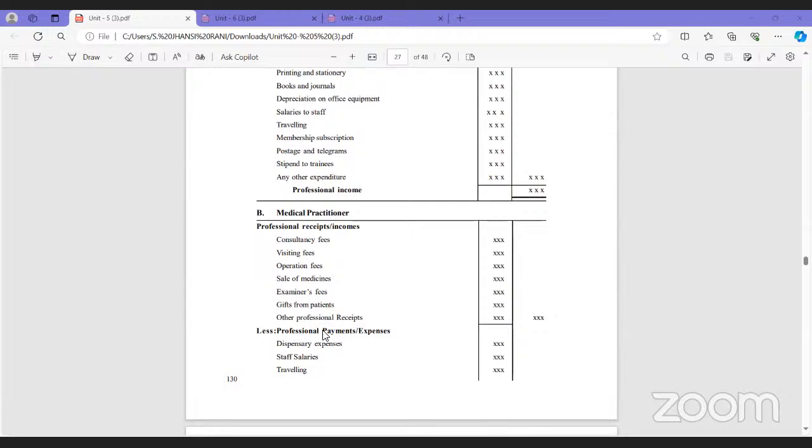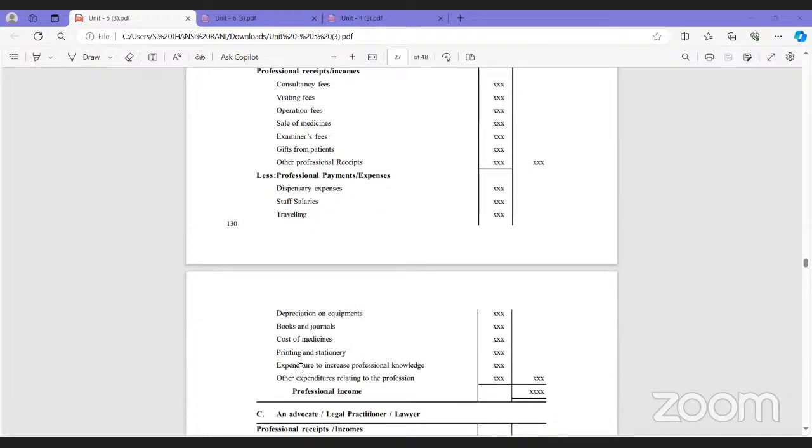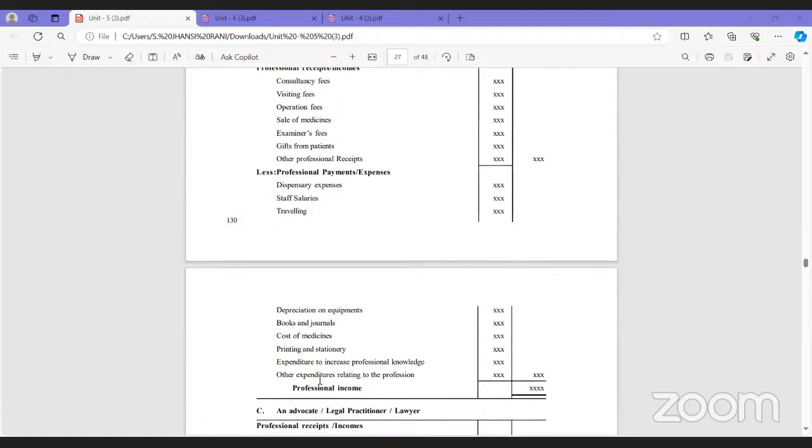Means if he has a clinic, all the expenses, staff salaries, traveling, depreciation on equipment. If he has an operation theater also, he will have to equip it with all the equipment. On assets we provide only depreciation. Books and journals, cost of medicines, printing and stationery, expenditure to increase professional knowledge, other expenditure relating to the profession.